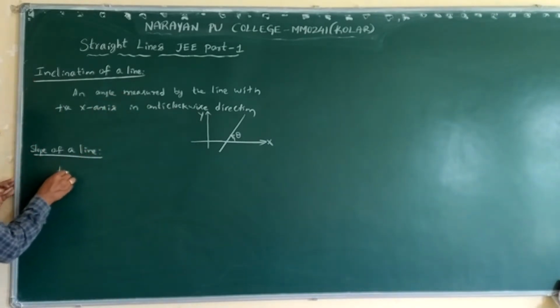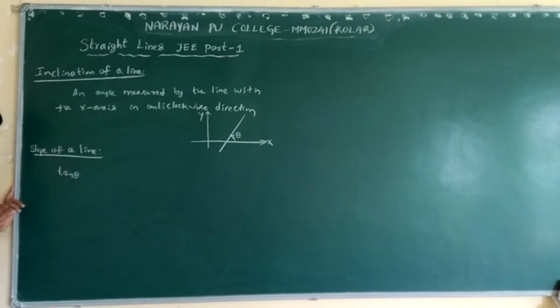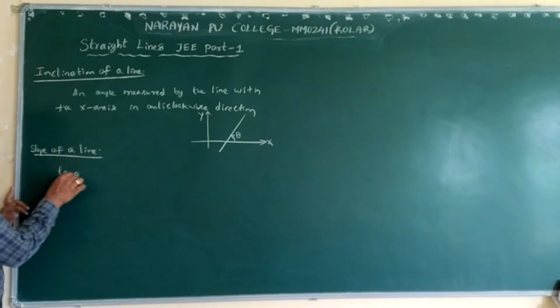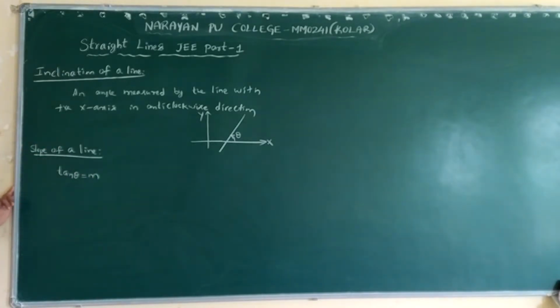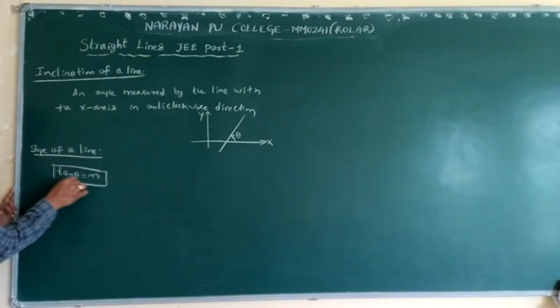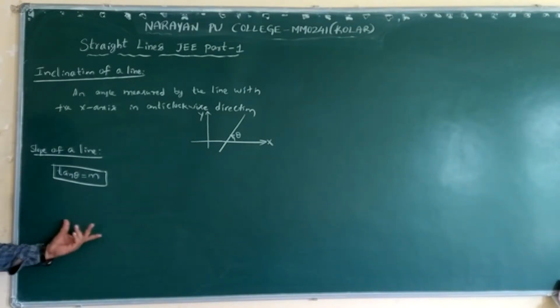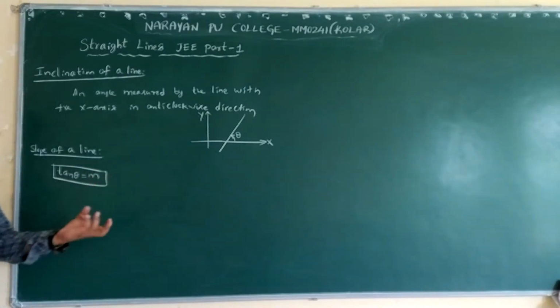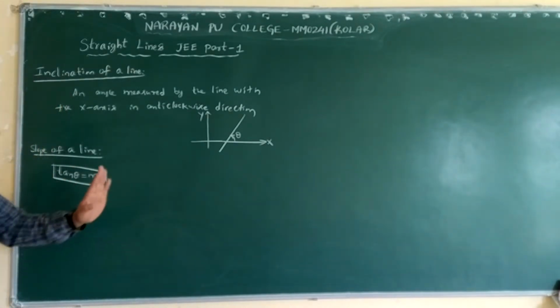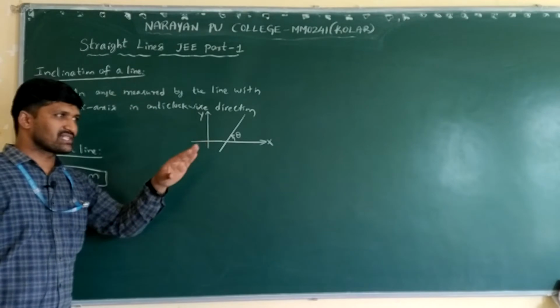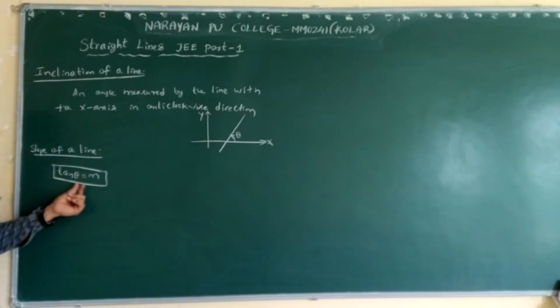Tan theta is represented by M, where M is equal to tan theta. For any slope of a line, the basic definition is: when a line makes an angle theta with the positive x-axis in the anti-clockwise direction, then tan theta is called the slope of a line.